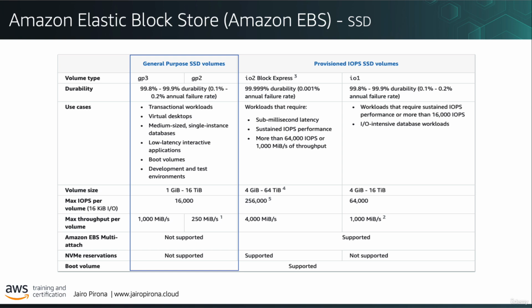a lower cost. As for SSD volumes with provisioned IOPS, we have IO2 Block Express, IO2, and IO1. Basically, these volumes are designed for IO-intensive workloads that require low latency. Now, IO is short for input-output.